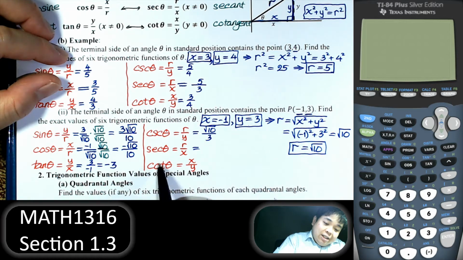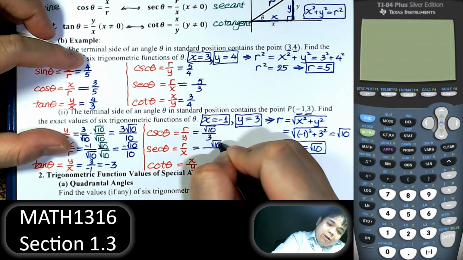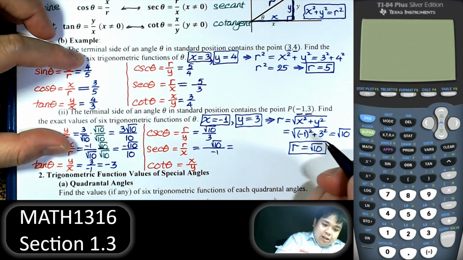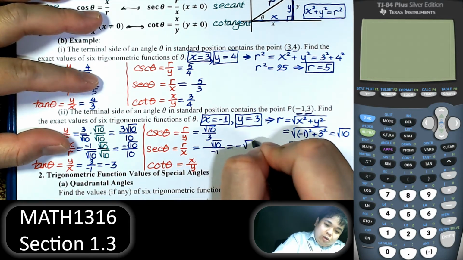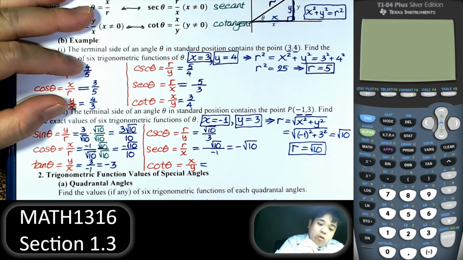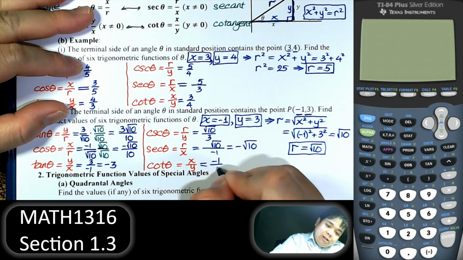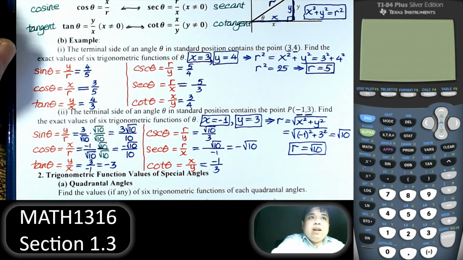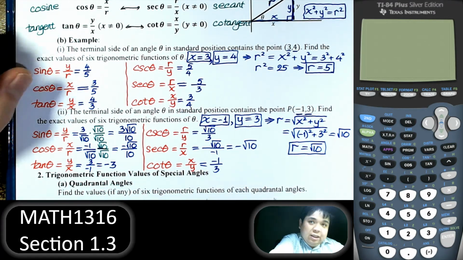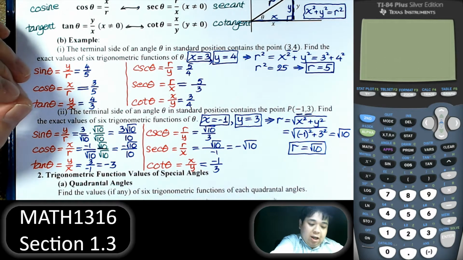Secant is r over x, square root of 10 over negative 1, that is negative square root of 10. And cotangent is x over y. So yeah, that's it. Straightforward, just definition.